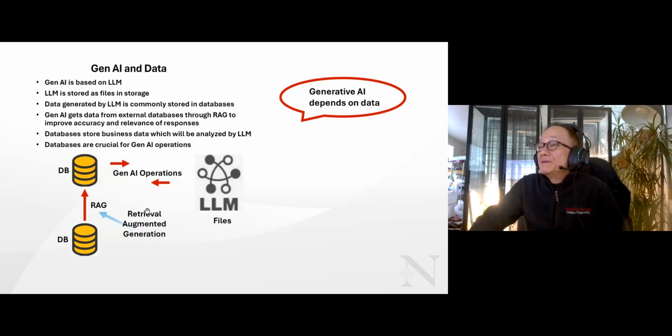It can use this process, the RAG process, to get to our own data. So we ask a question, and generative artificial intelligence will go through RAG using our own data to get more details about our question.